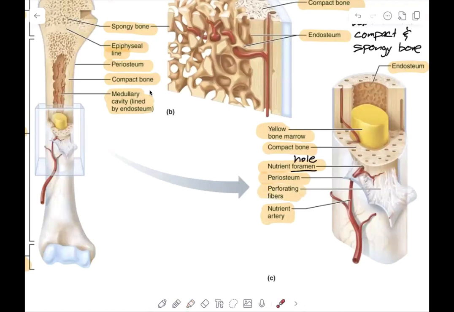A good analogy for this is imagine the stringy substance that you see when you're peeling an orange. That's kind of what the perforating fibers look like. And they are also called Sharpey's fibers as well.